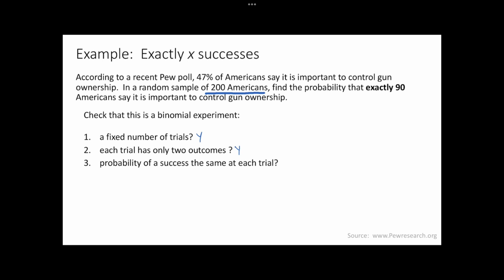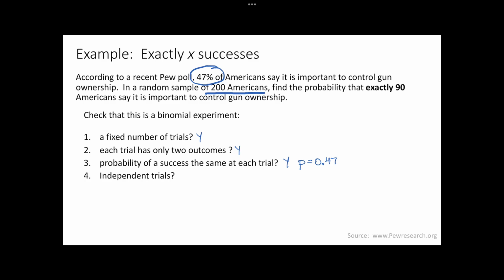Is the probability of success the same at each trial? Here's our probability of success, 47%, and that's going to be the same at each trial. And then finally, are the trials independent?